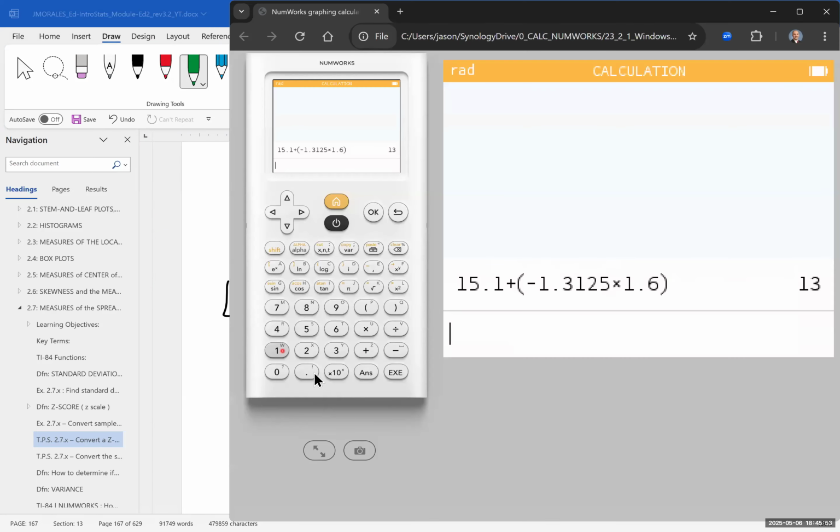We've got 15.1 plus. The NumWorks calculator doesn't have a dedicated negative button, so here you just use minus 0.0625 times 1.6.